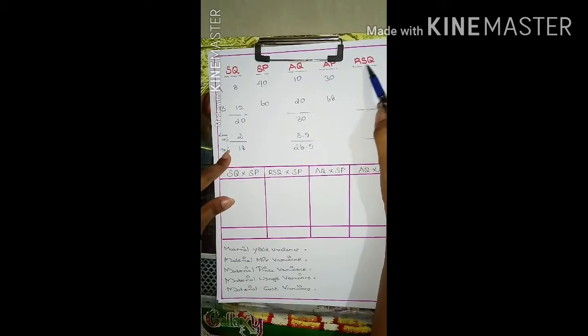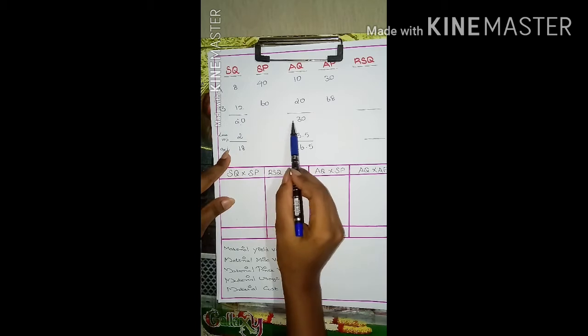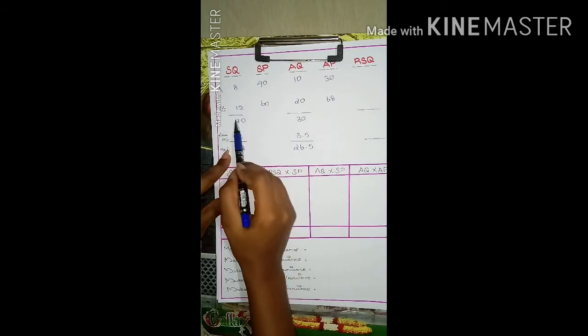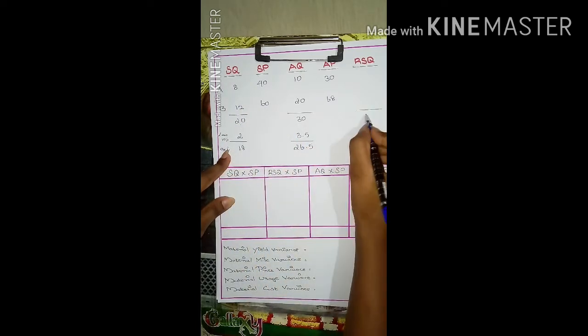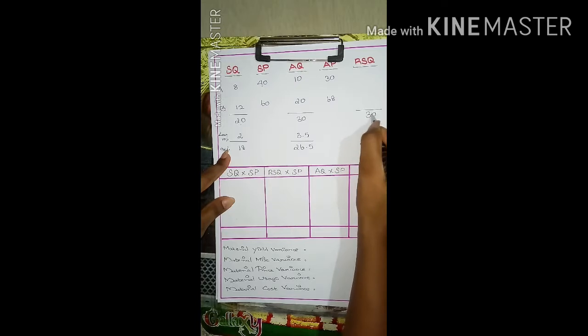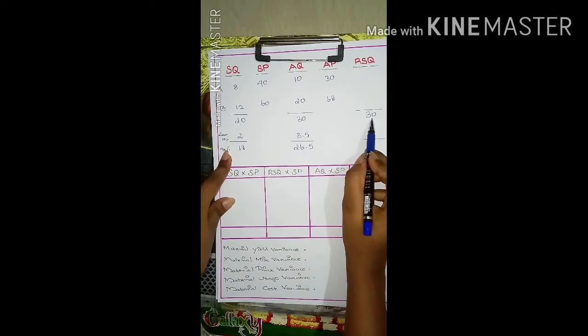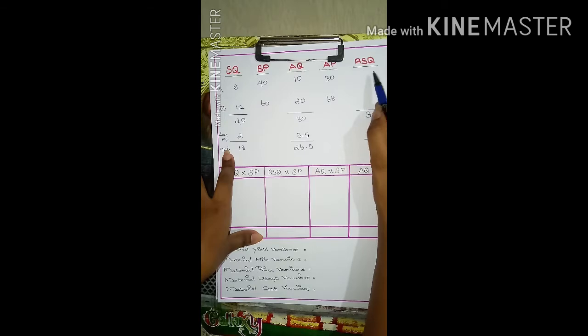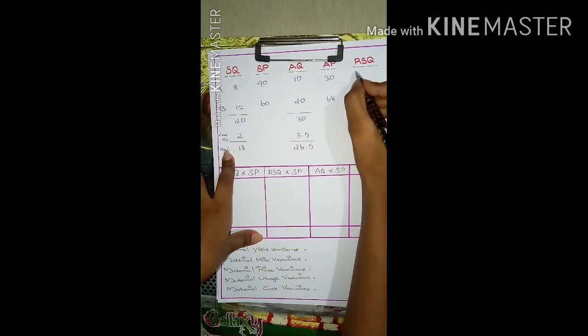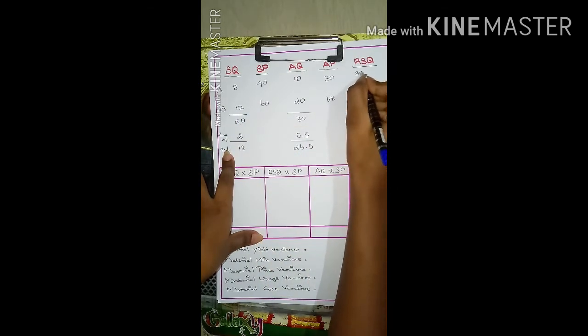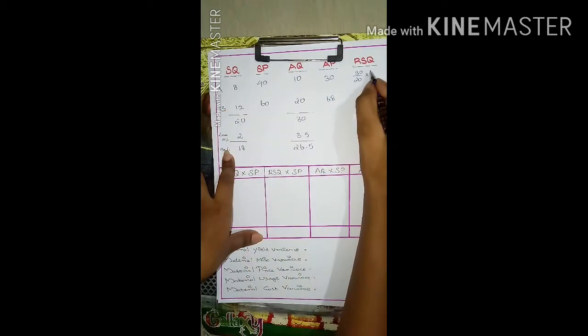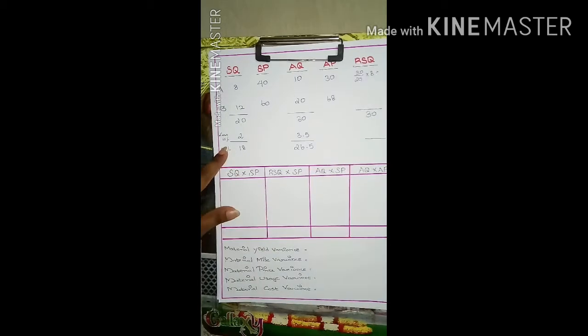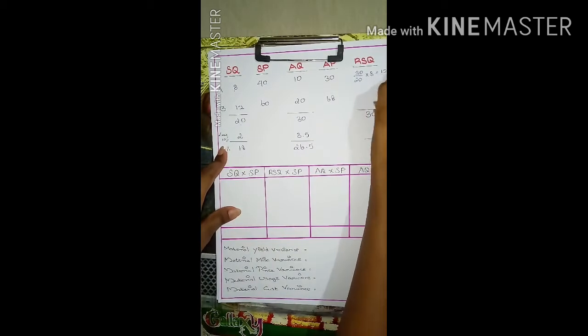Now we have to find the revised standard quantity, which is determined by the total actual quantity as per the standard quantity. That is, the total is the same as the actual quantity. We have to find the RSQ for A, which is 30 divided by 20 into 8, which comes to 12.